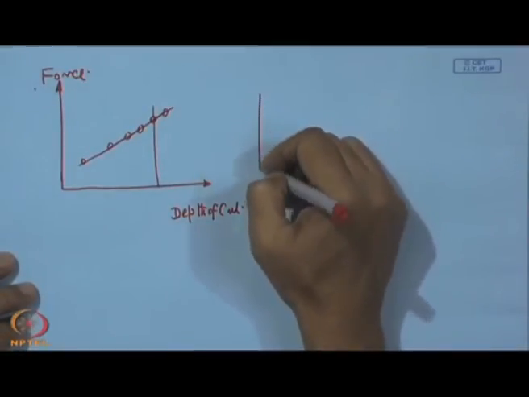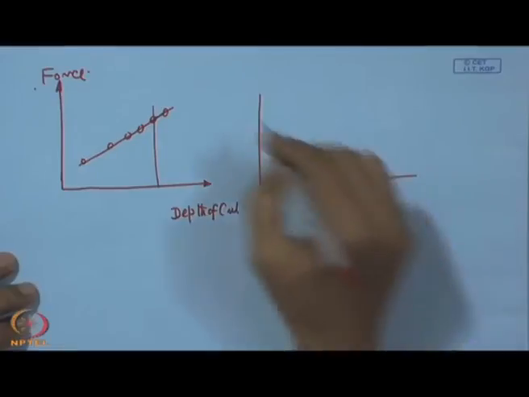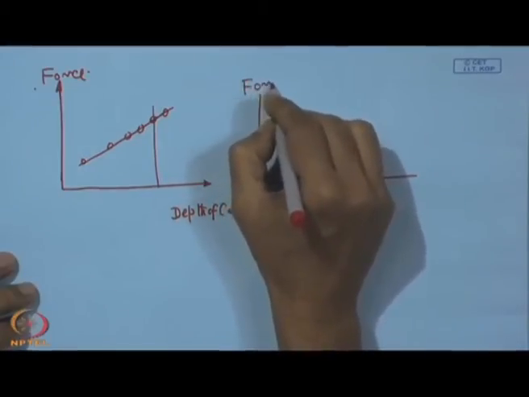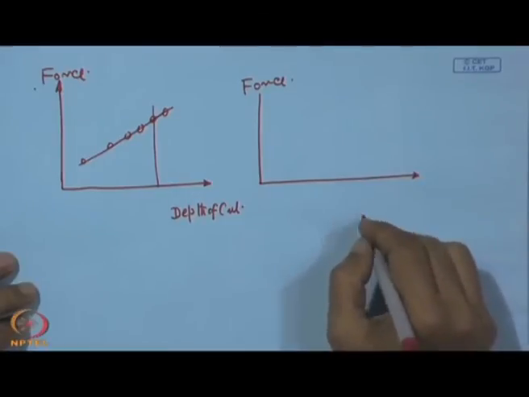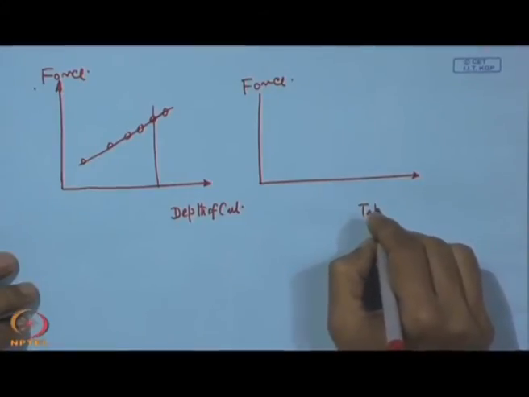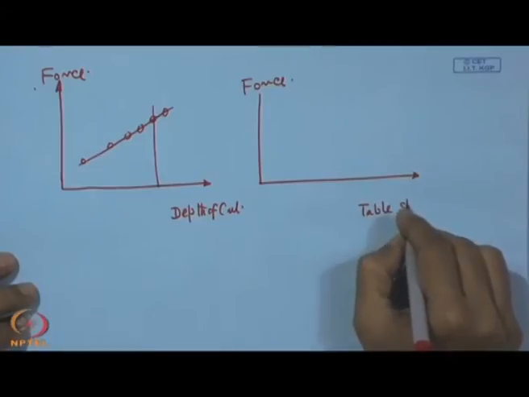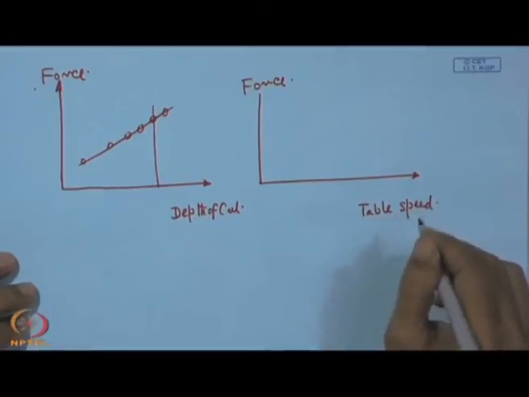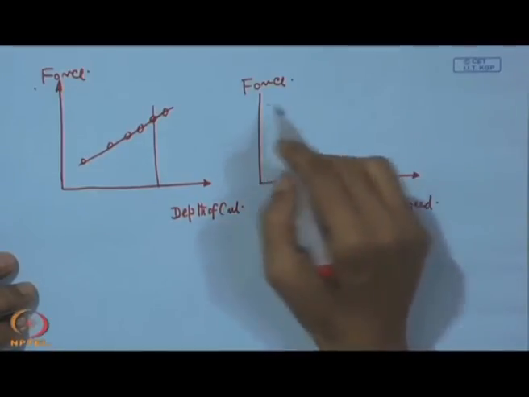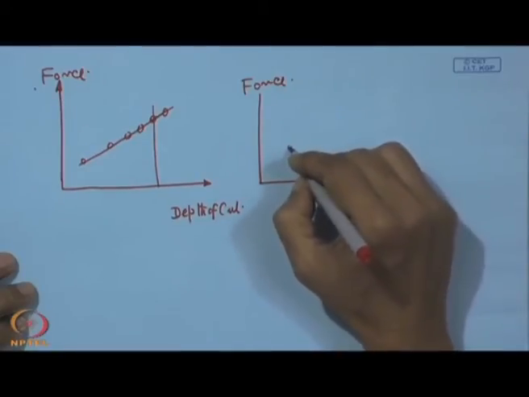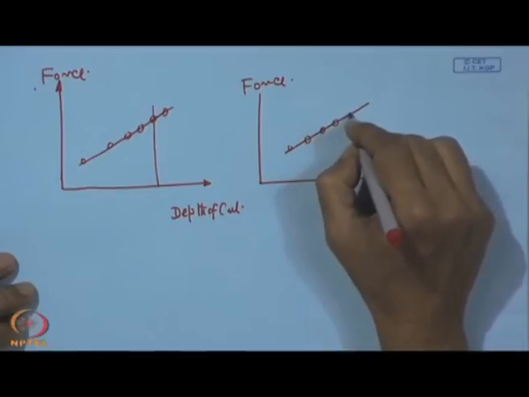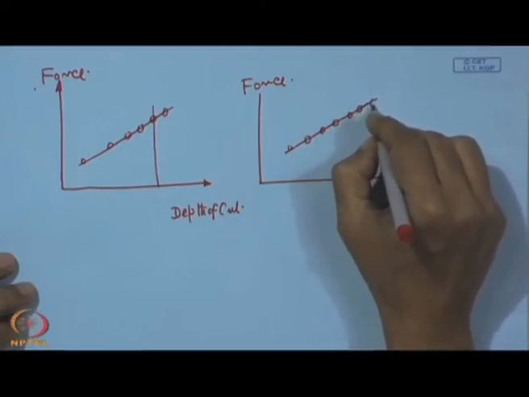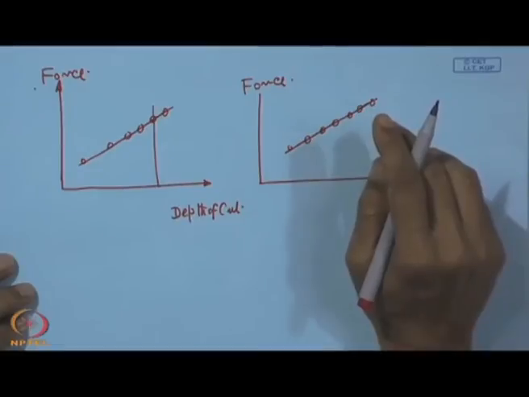This is one way of doing the thing, but also we can do just by keeping a particular depth of cut, and we can record the force. We have to increase the force, and here we can increase the table speed. So, force will keep on increasing just by increasing the table speed, and here also we need not increase the depth of cut, keeping a particular depth of cut.